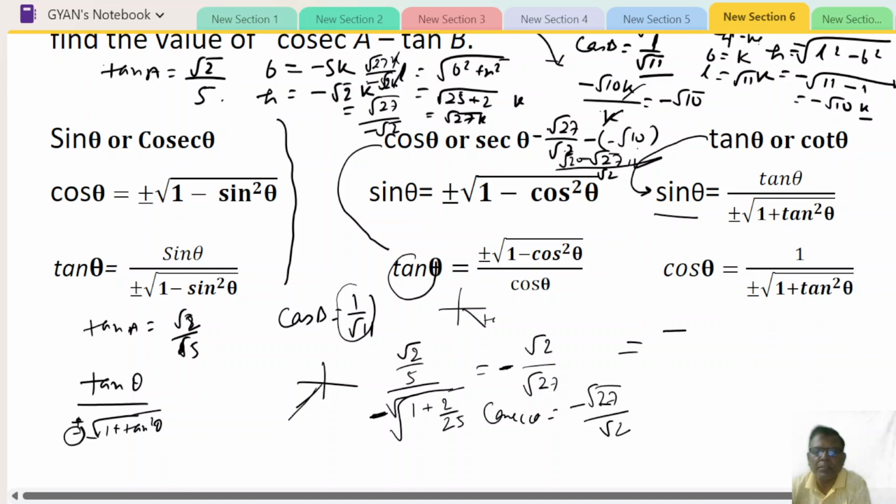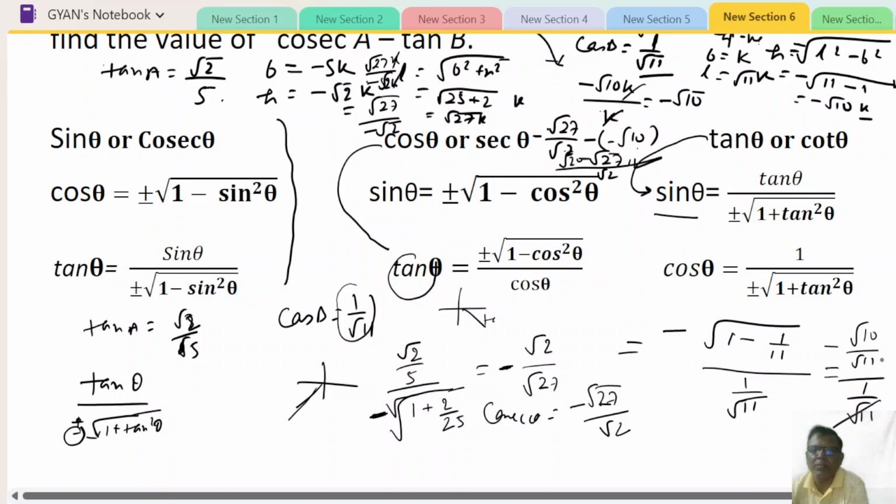So negative, minus root over 1 minus 1 by 11, divided by cos, 1 by root 11. So that is equal to minus root 10 divided by root 11, divided by 1 by root 11. The 11 gets cancelled and you have to select negative. So tan is equal to minus root 10.